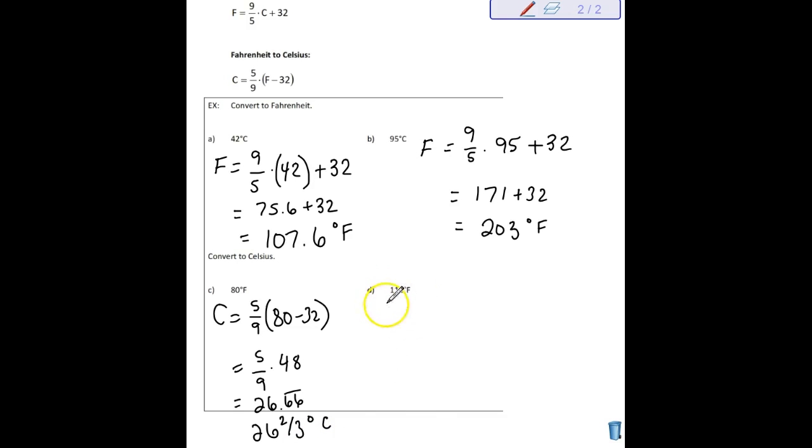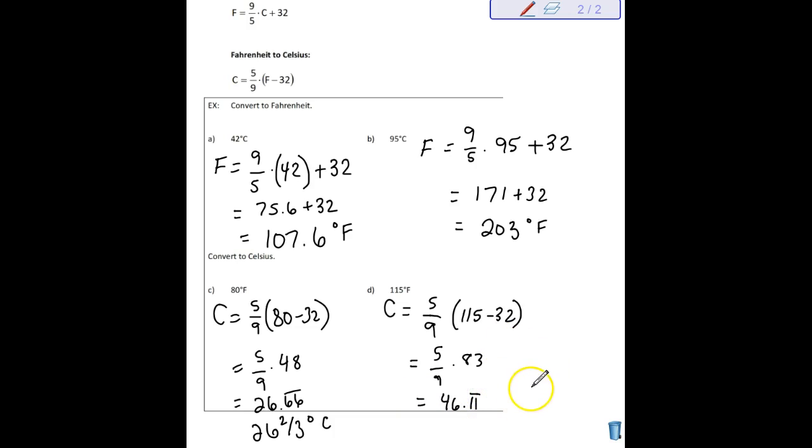Okay, let's take a look at this one. Same formula here. I'm in degrees Fahrenheit and I'm converting to degrees Celsius. So I have 115 minus my 32. And when I figure that out, I end up with 83. So I take 5/9 times 83, and what I come up with is 46.11 repeating.